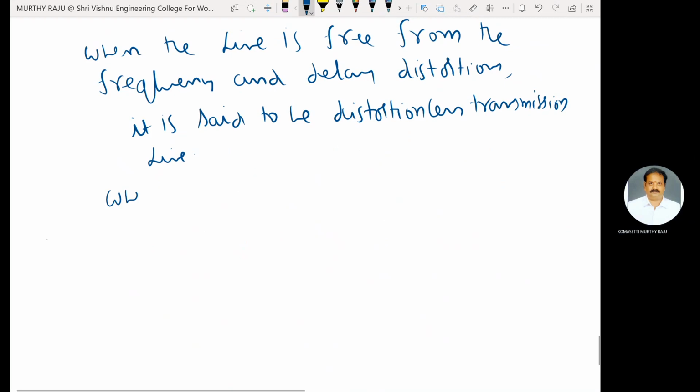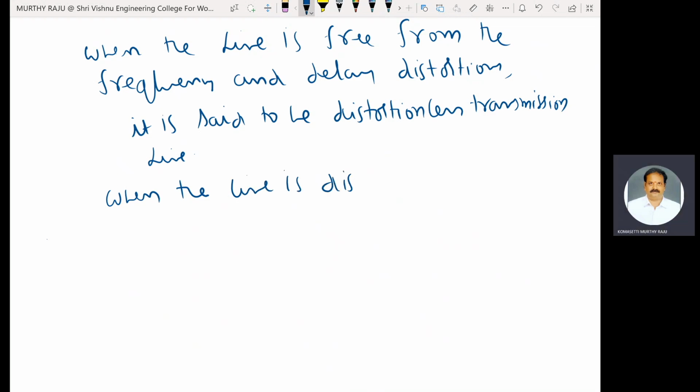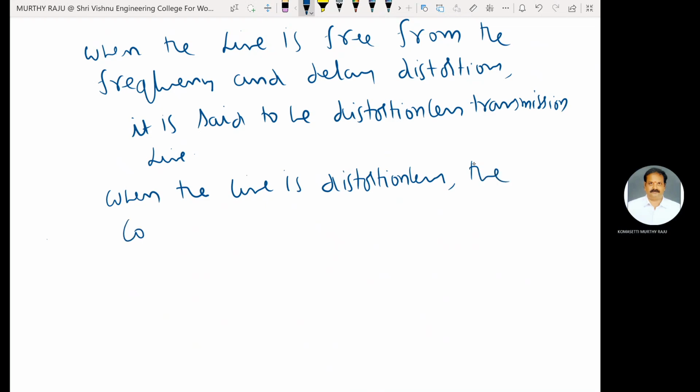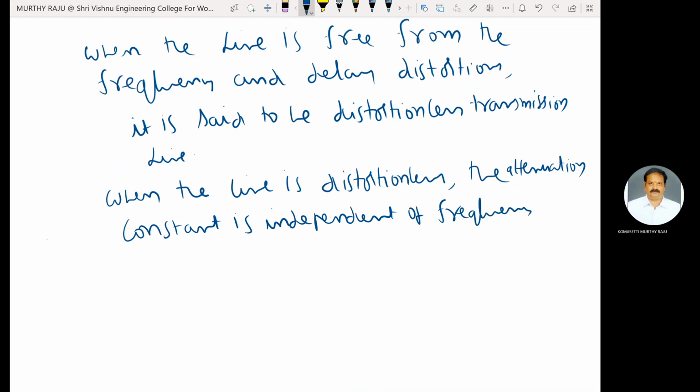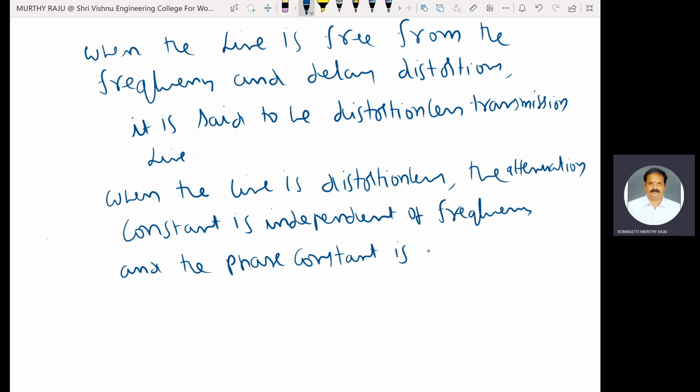As proved above with the help of the equations, when the line is distortionless, the attenuation constant is independent of frequency, and the phase constant is linearly dependent on the frequency.